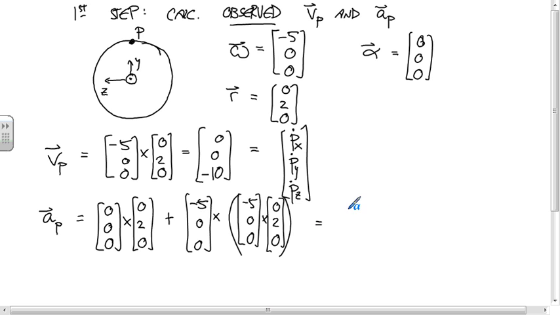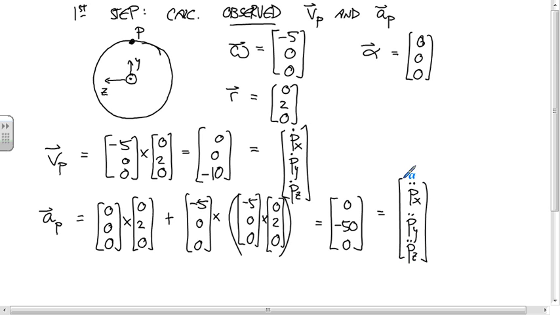And here you'll get a value of 0, negative 50, 0. Only centripetal acceleration. Since this is the observed acceleration in our rotating coordinate system, this plays the part of the px double dot, py double dot, pz double dot.